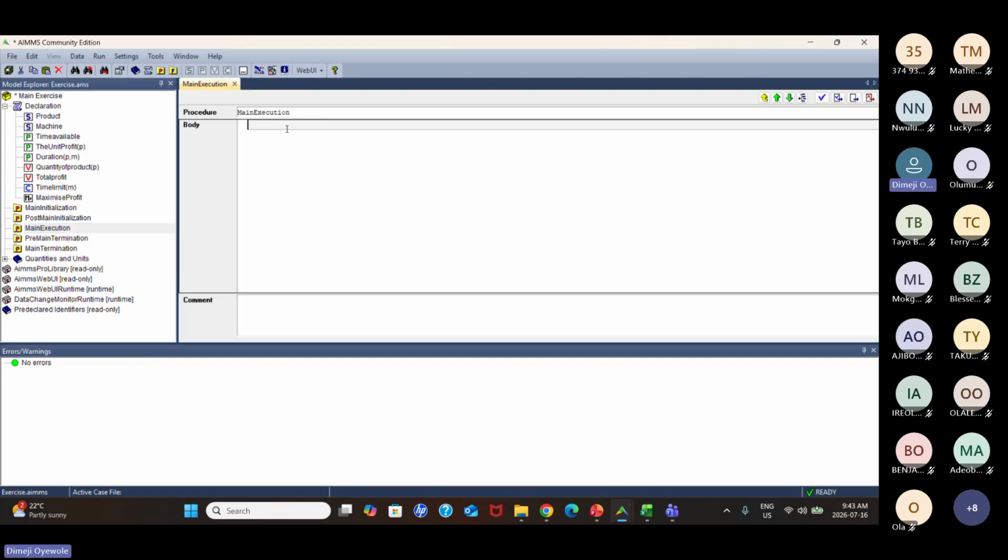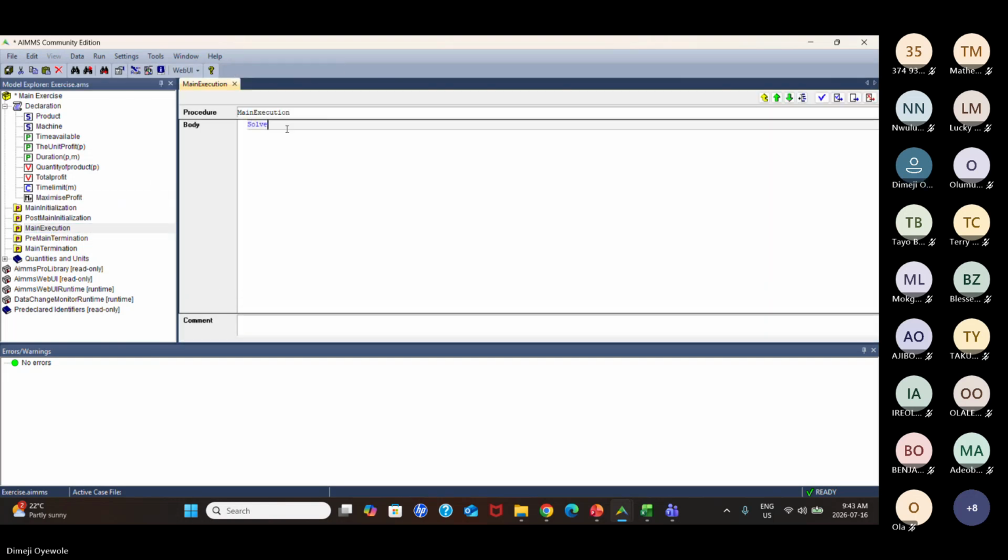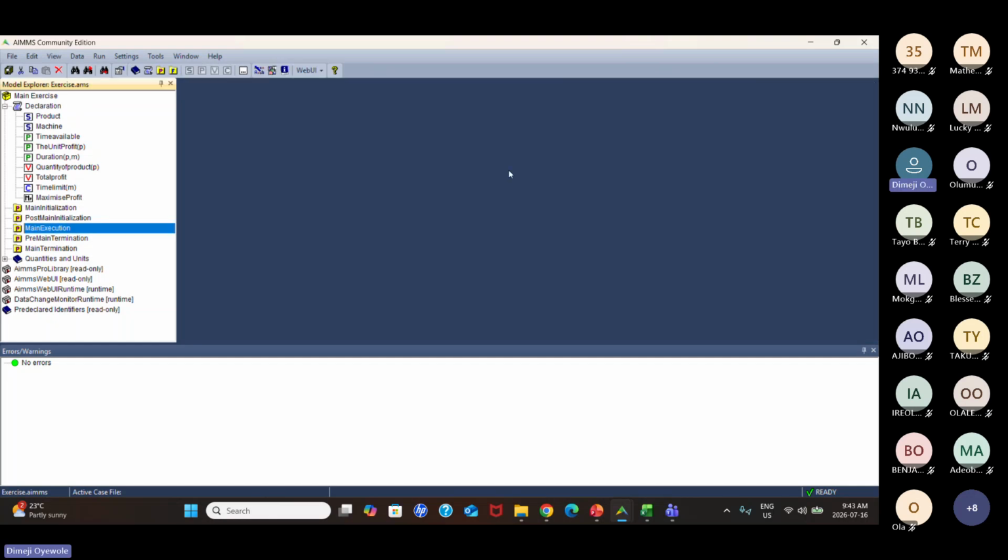And then we come here, solve, and maximize profits. So we check, commit, and close. So everything is fine as far as our model is concerned in AIMMS.